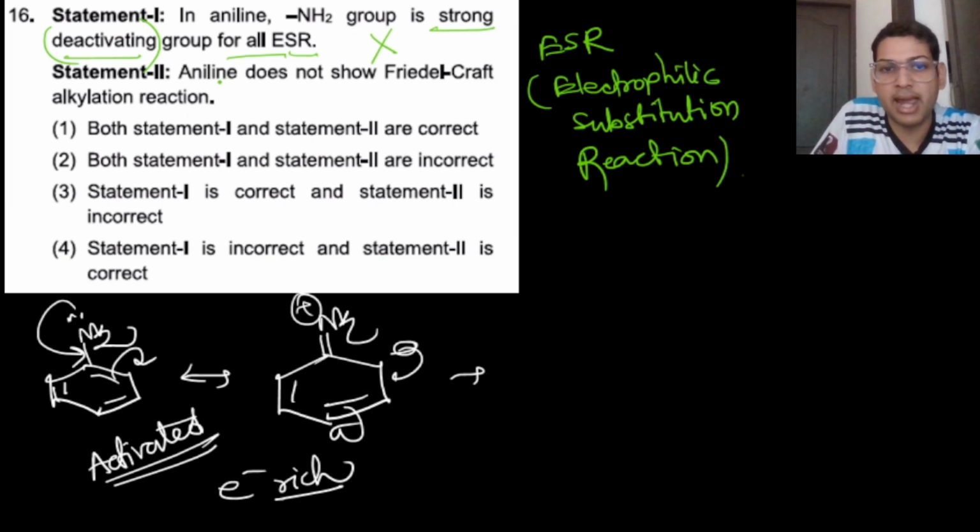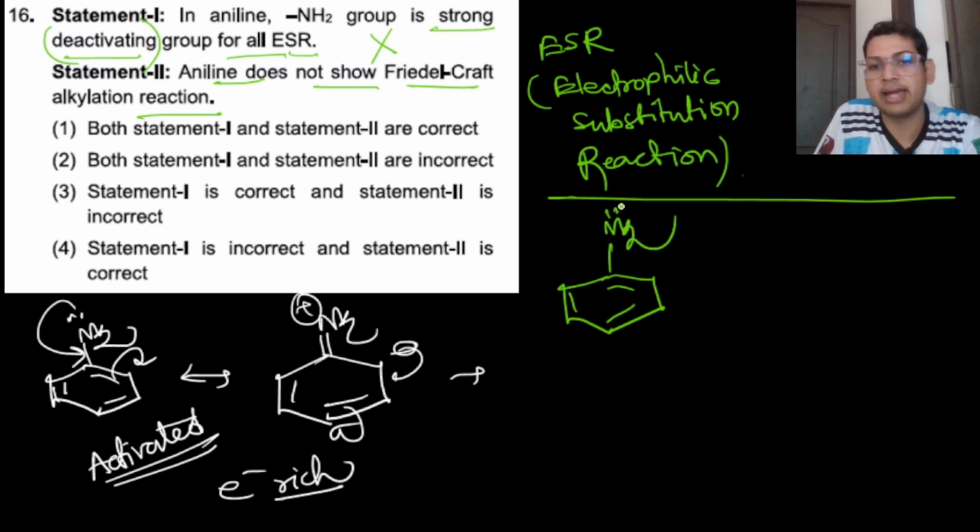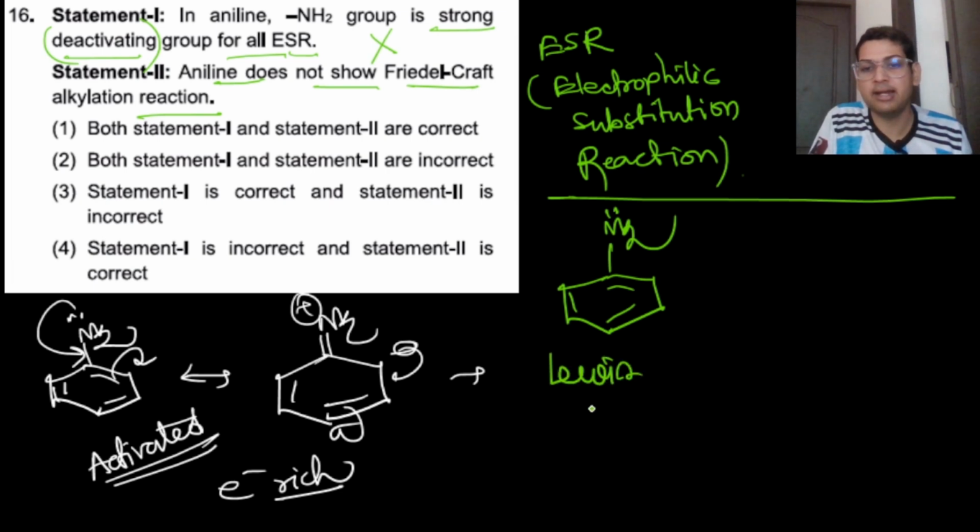Statement 2 says aniline does not show Friedel-Crafts reaction. That is true. Why? Because aniline looks like this. This nitrogen can donate the lone pair, definitely. So aniline is a Lewis base. What is a Lewis base?